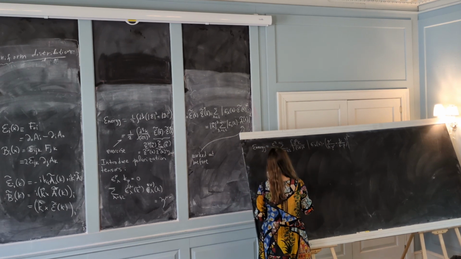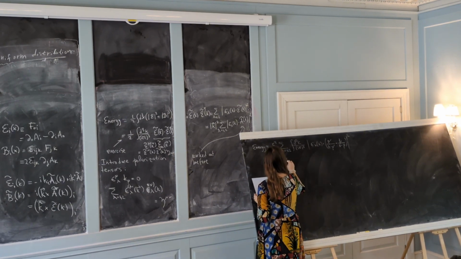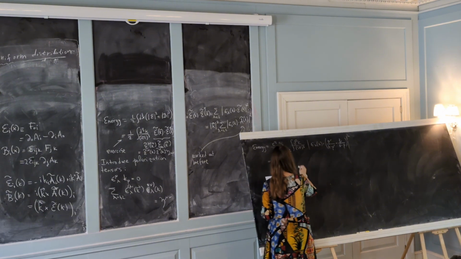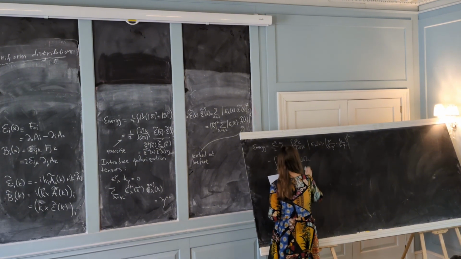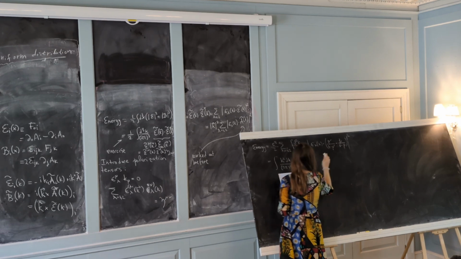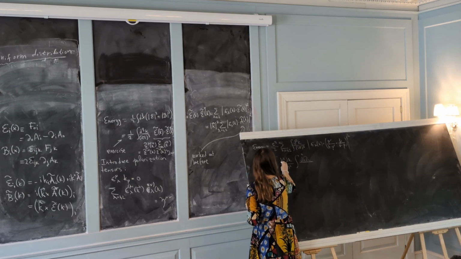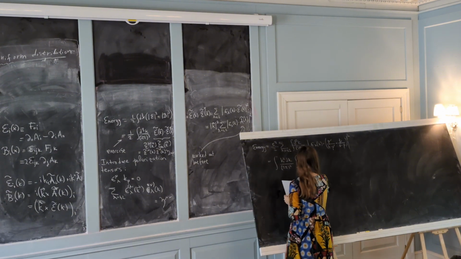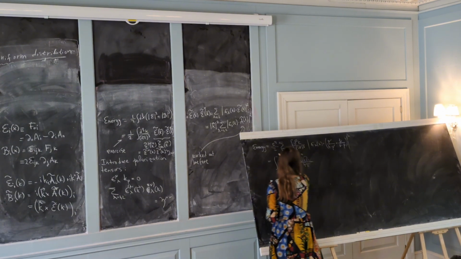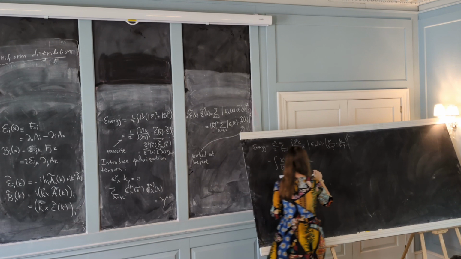So we can write the integral over d3k as k squared dk divided by 2 pi squared, and then an integral over some angular bit that doesn't depend on the absolute value of k, but rather just on the angular dependence.